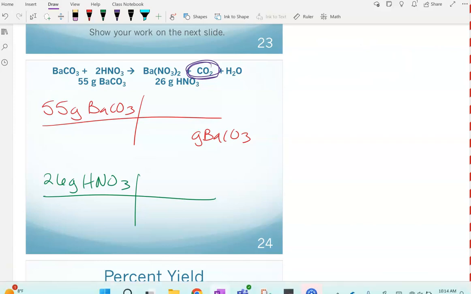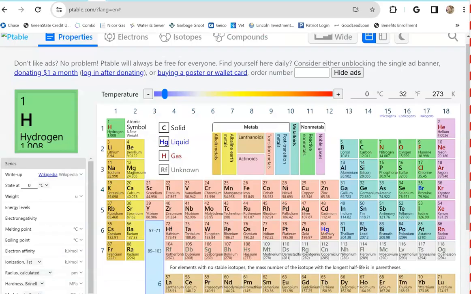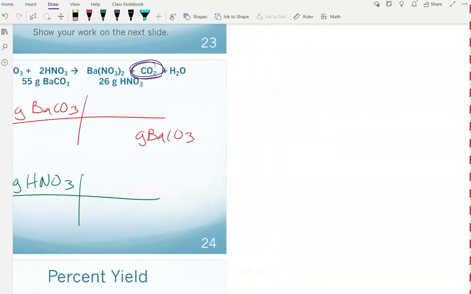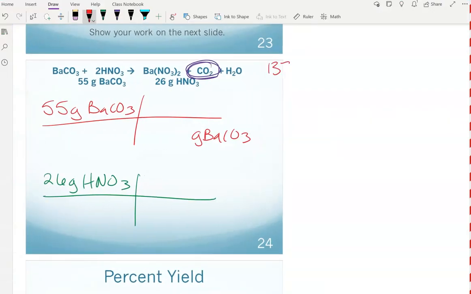So Ba is 137.33. So 137.33 plus carbon, 12.011, plus we have oxygen, 15.999, and we're going to multiply that by 3.